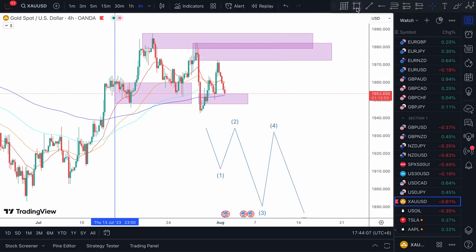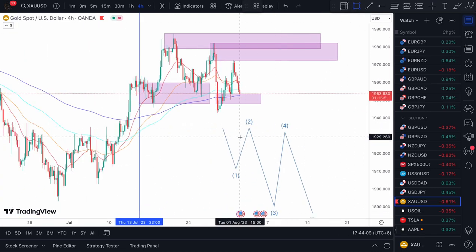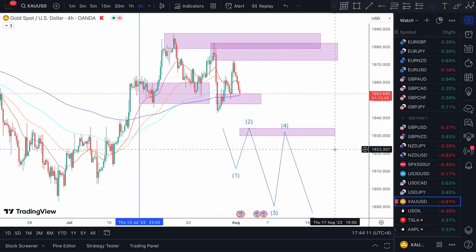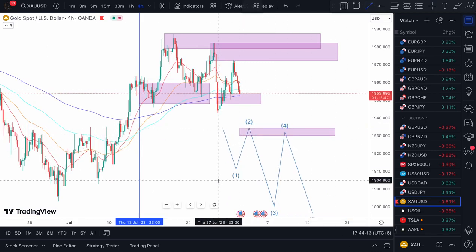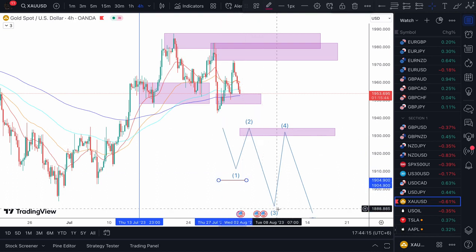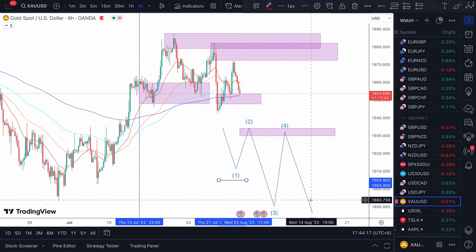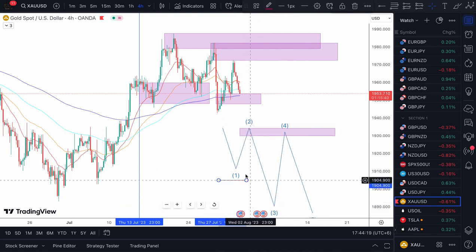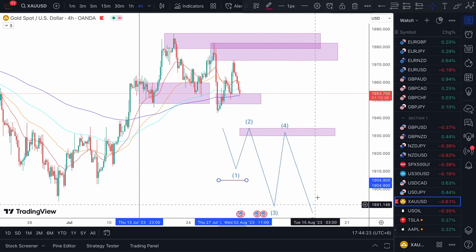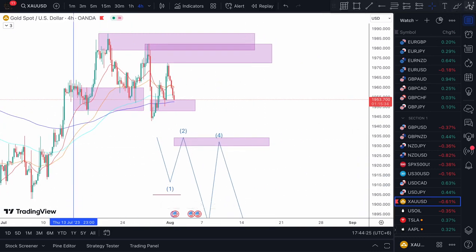A very simple pattern. Look, this is a lower high, lower low, lower high, lower low. Okay, market broke the structure, it came to the zone, it dropped down. So vice versa.